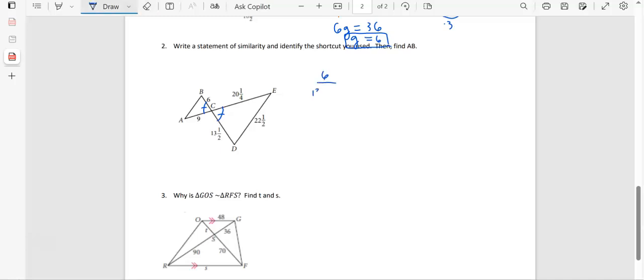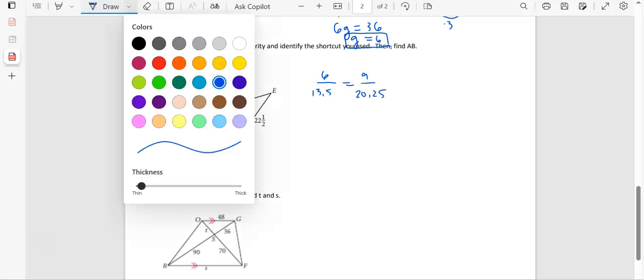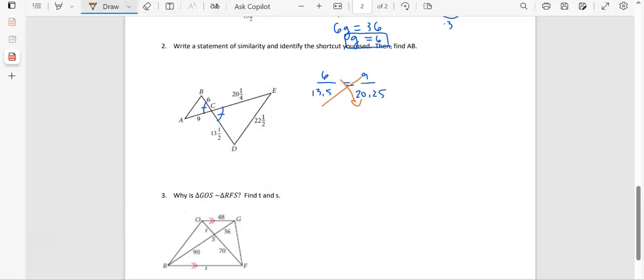6 over 13.5, does that equal 9 over 20.25? Again, I'm going to check this with some cross products because I feel like that's the easiest thing to do. Okay, so I pulled out my calculator, and yes, I do have proportional sides.